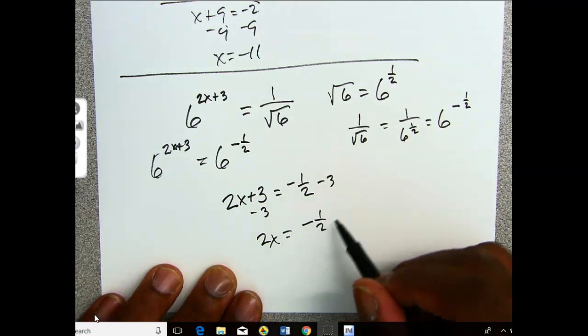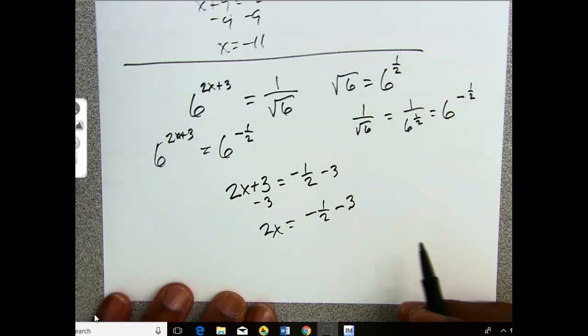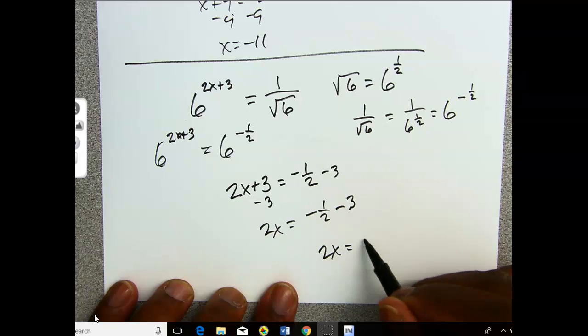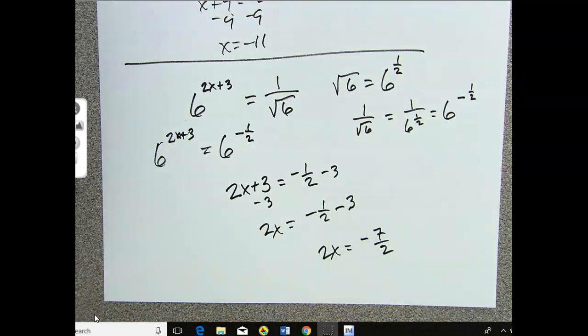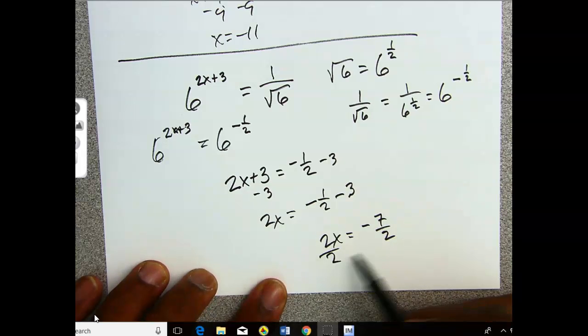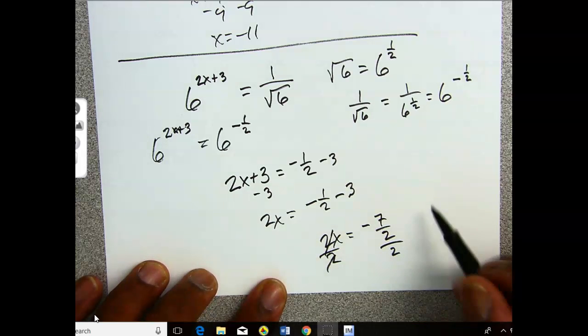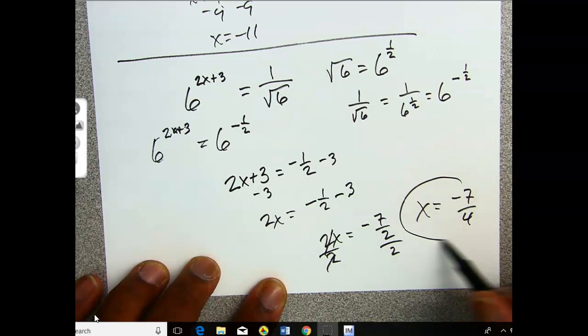So what is negative 1/2 minus 3? Negative 1 over 2 minus 6 over 2, negative 7 over 2. So 2x is equal to negative 7 over 2. You will leave it in fraction form. Remember, no calculators. I don't want decimals. Final step, divide by 2. So x is equal to negative 7 over 4.